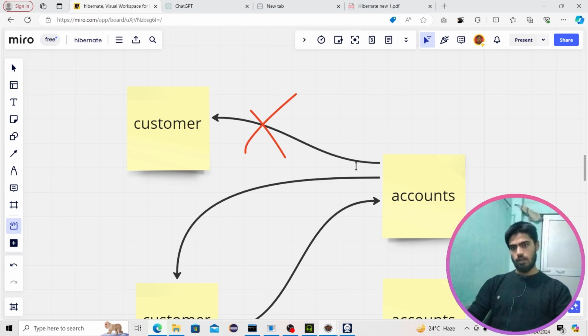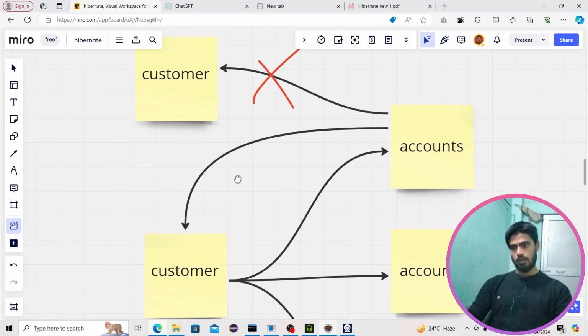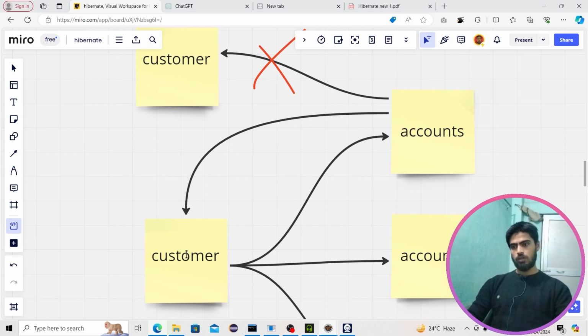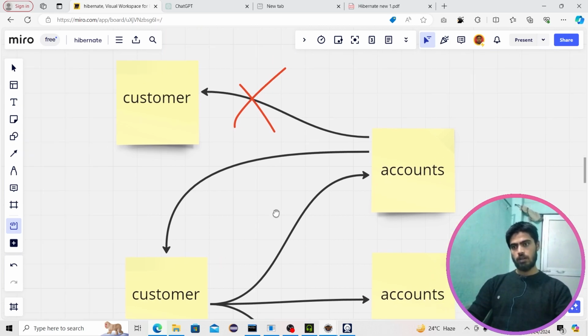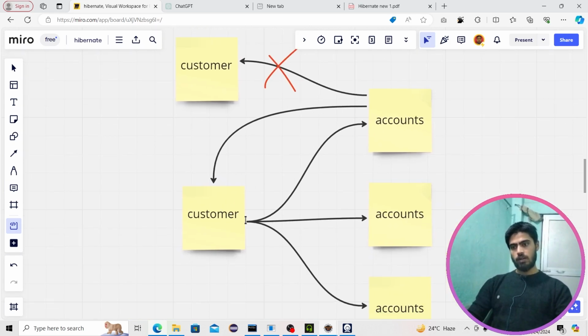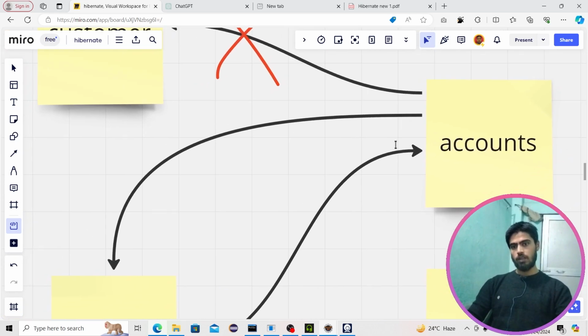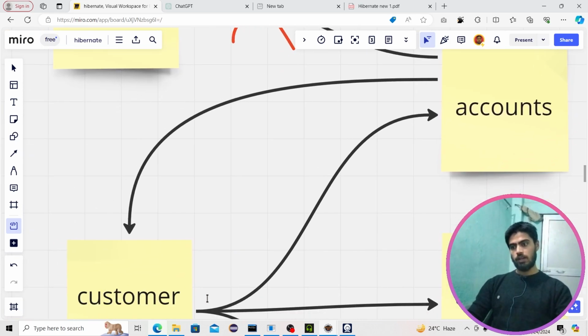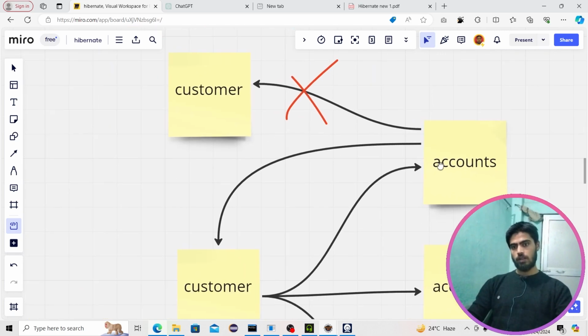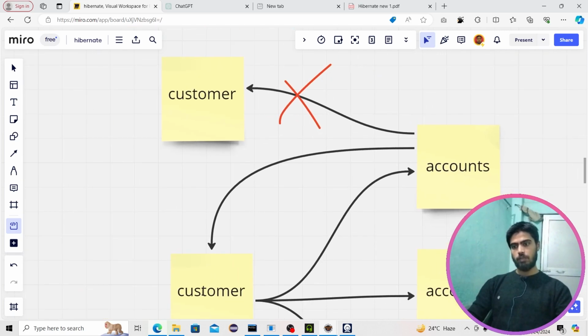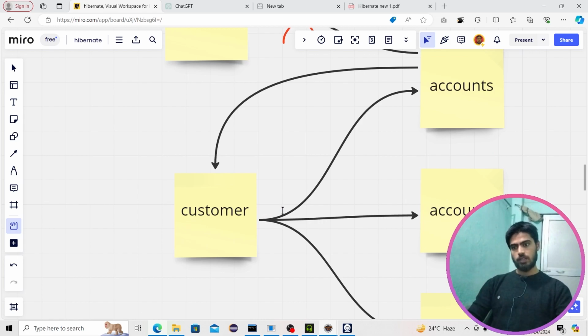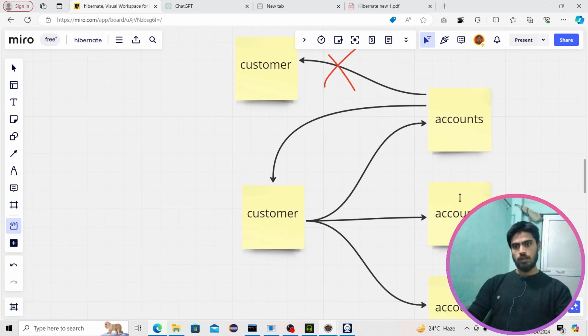One account is always going to belong to one customer. One account can't belong to multiple customers, but one customer can have multiple accounts.